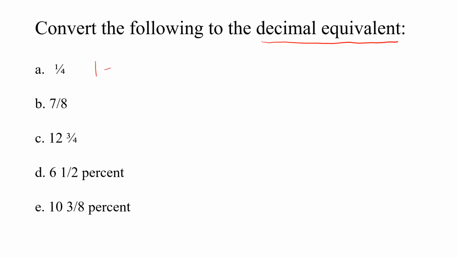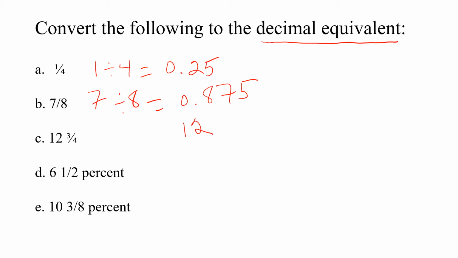So for A, we say 1 divided by 4 equals 0.25. 7 divided by 8 equals 0.875. 12 3/4 is going to be the 12, but 3 divided by 4 equals, so it's 12.75.